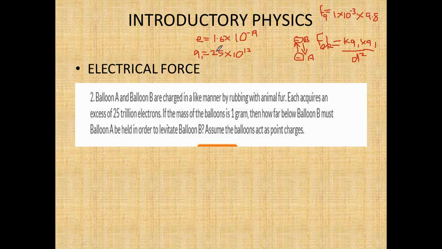So you have to multiply the total number of electrons by the charge on each electron to get the total charge.